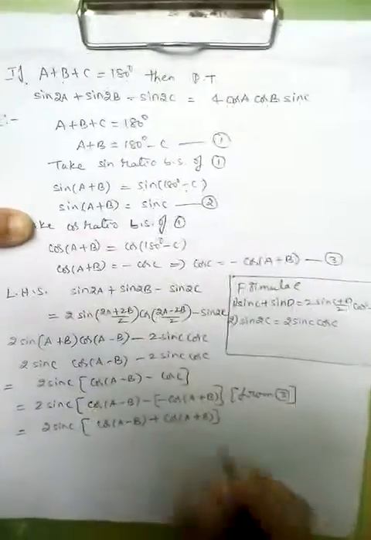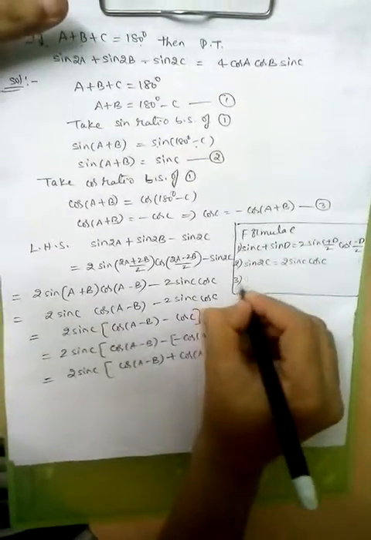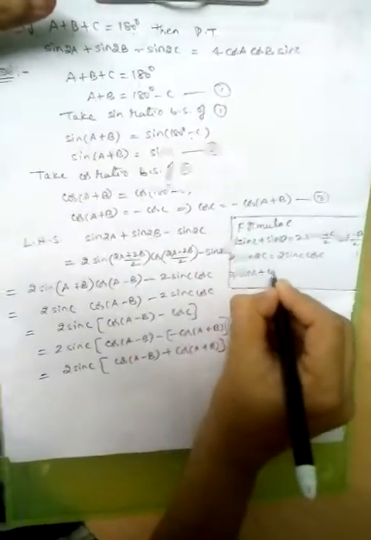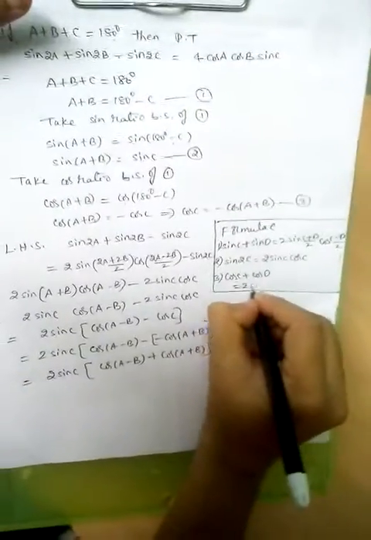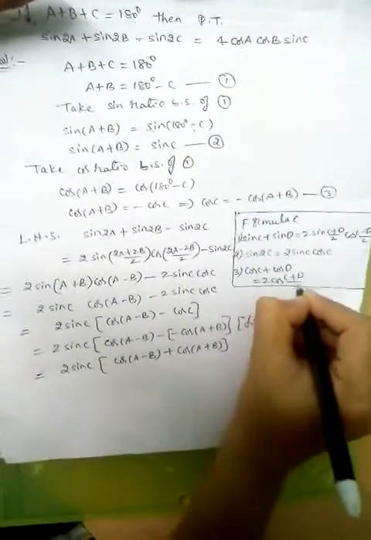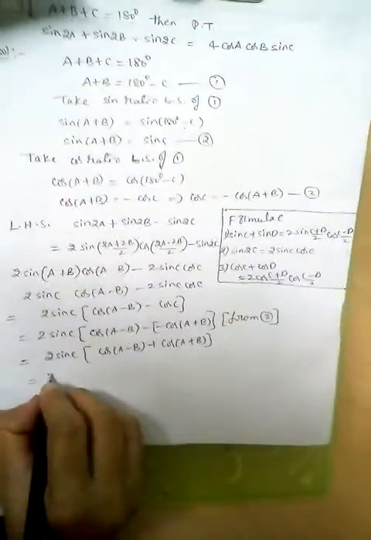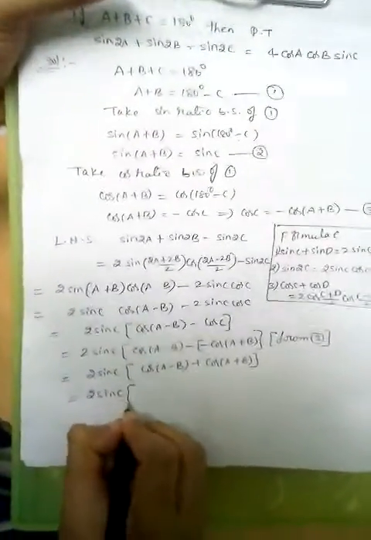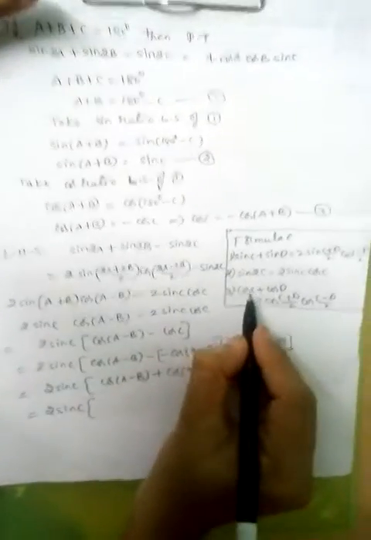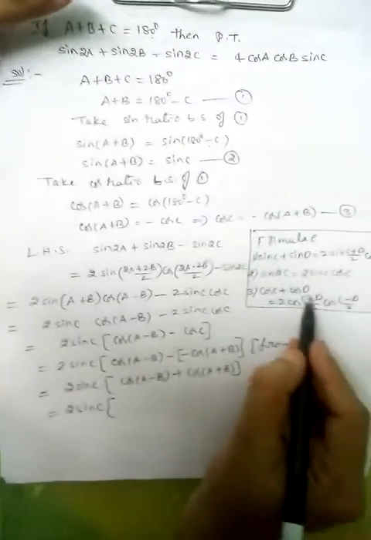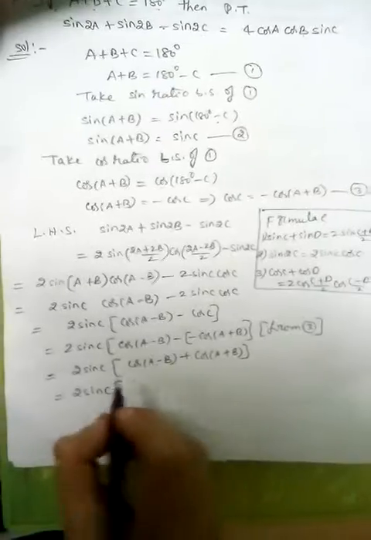Now here again use the formula. The formula is cos c plus cos d. Formula is 2 cos (c plus d) by 2 cos (c minus d) by 2. That is 2 sin c. Now in place of c we have a minus b and in place of d we have a plus b.